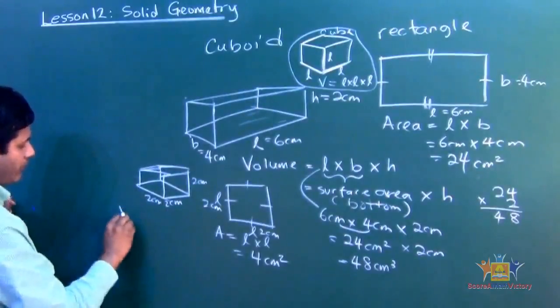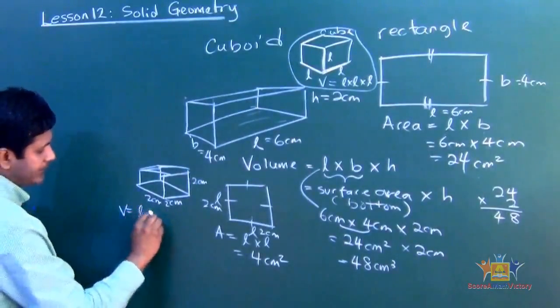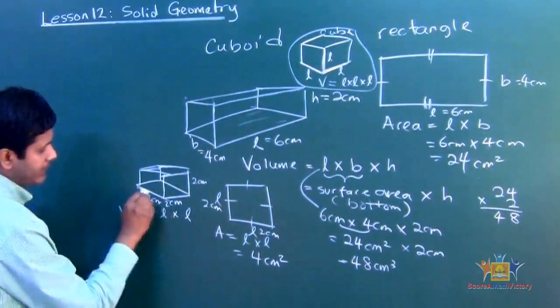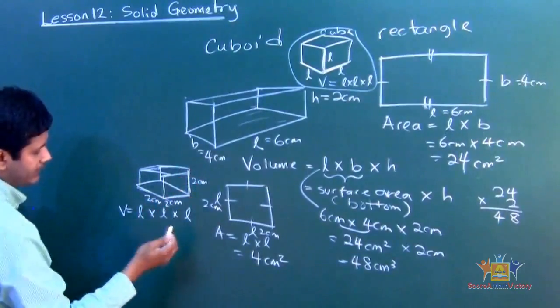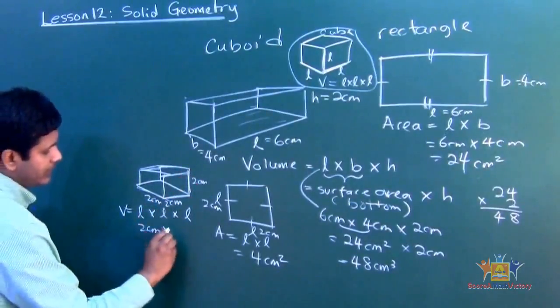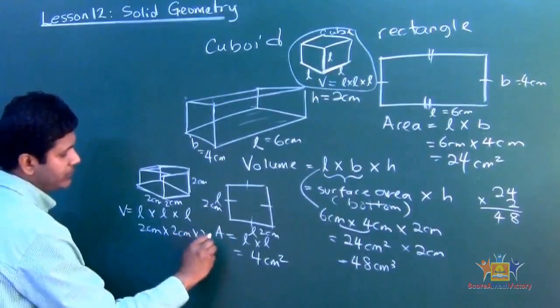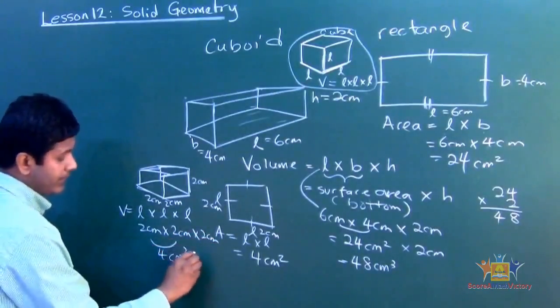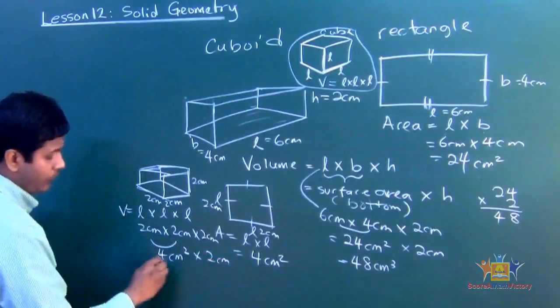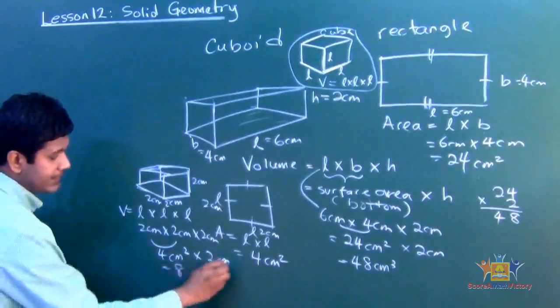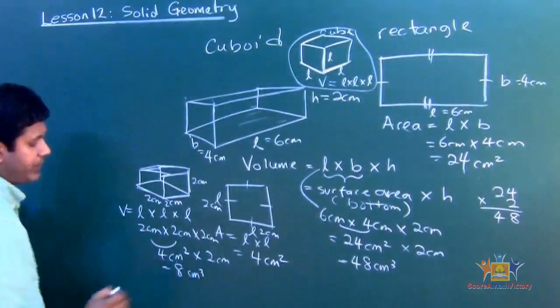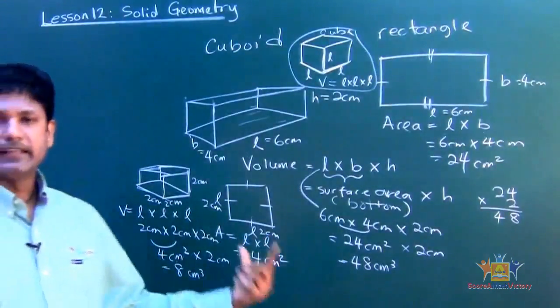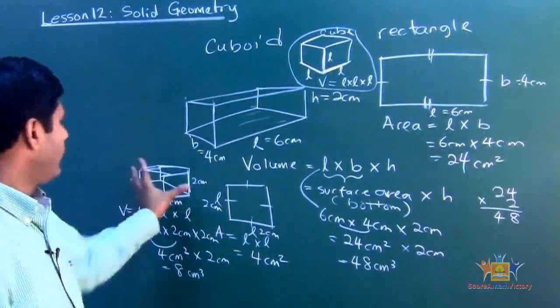So we know the volume equals length times length times length. So 2 centimeters times 2 centimeters times 2 centimeters. 2 times 2 is 4 centimeters squared, and then times another 2 centimeters. 4 times 2 is 8 centimeters cube, because we are finding volume. 8 centimeters cube.